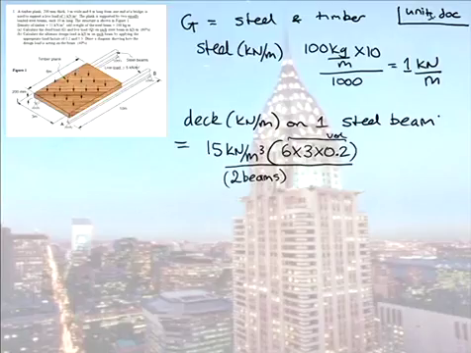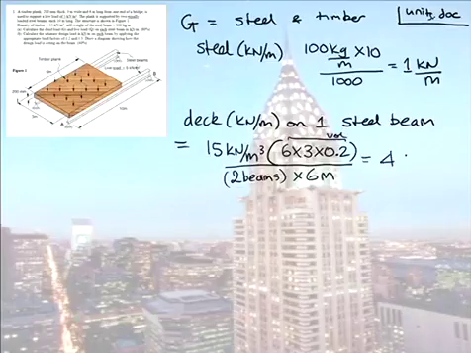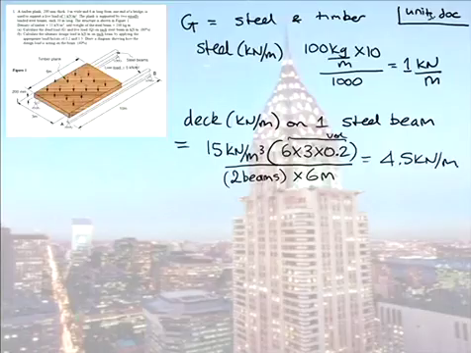No, it's the length over which the load acts. So that's our 6 metres. So when you do that, you get your 4.5 kilonewton per metre.